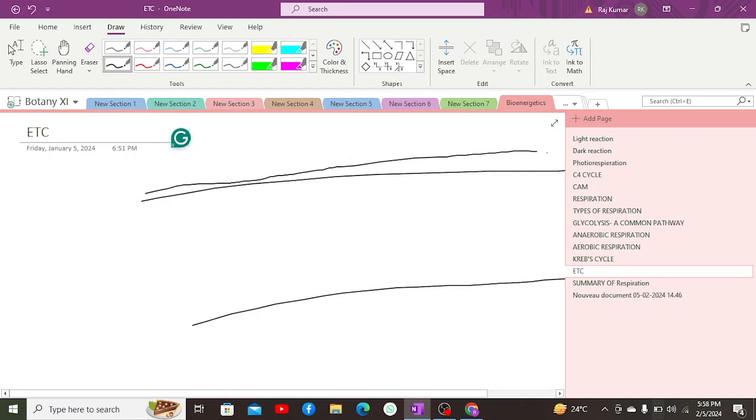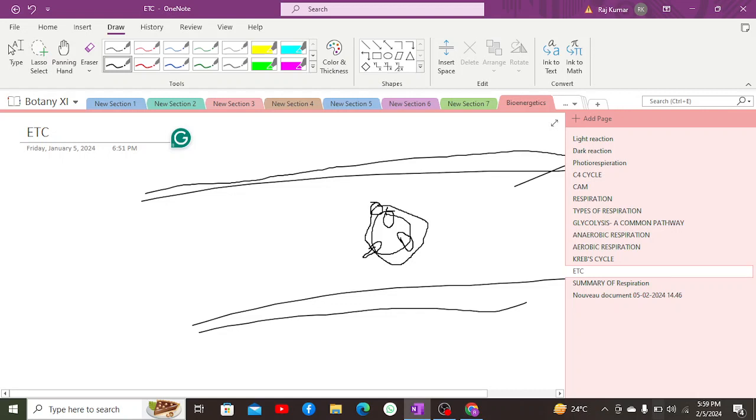Just trying to draw a rough structure, and here in between there is a vascular bundle having xylem and phloem, and around the vascular bundle there is an arrangement of a membranous sheath, which is known as the bundle sheath, and around this membranous sheath there are cells which are known as bundle sheath cells.